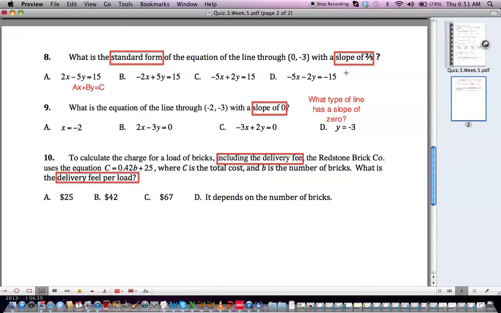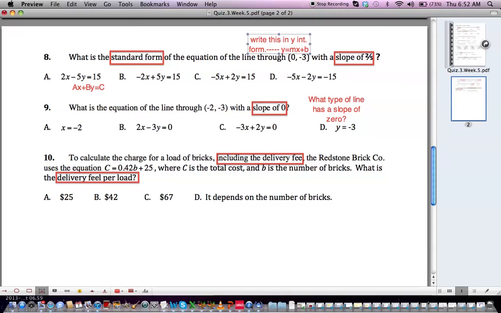So what I would do first on this is I would write this in y-intercept form. Okay? And what is y-intercept form? Y equals mx plus b.